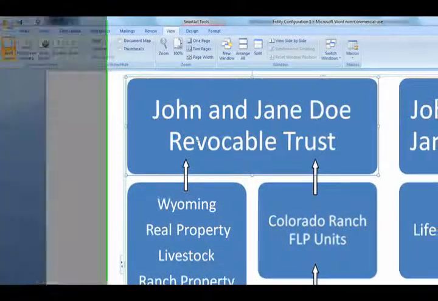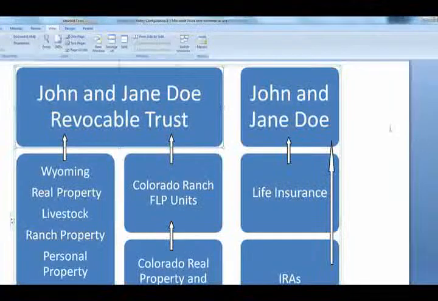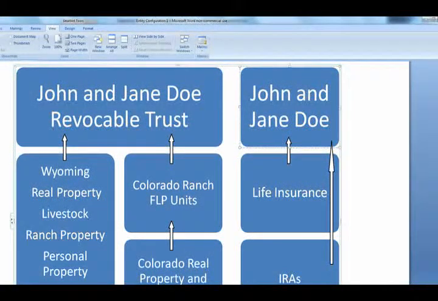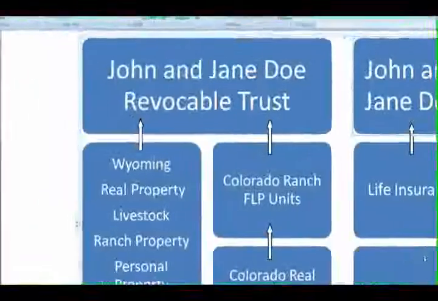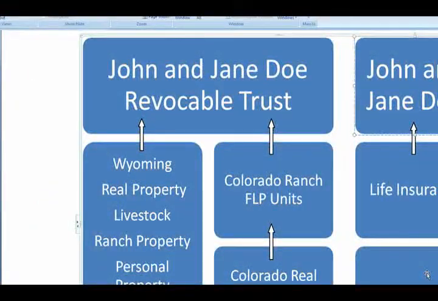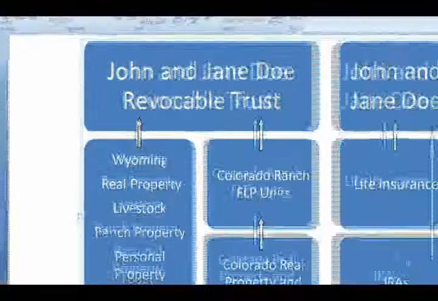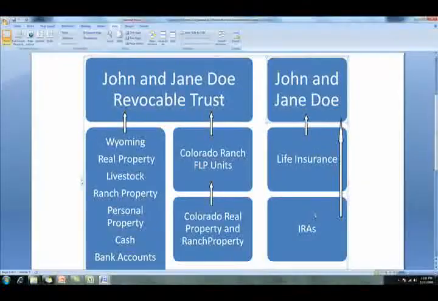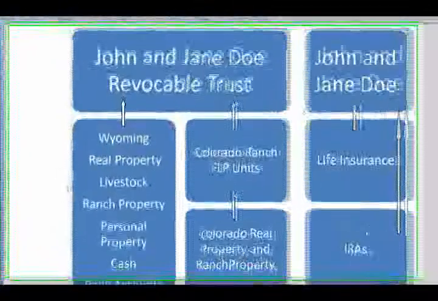You can see outside of their estate here, John and Jane Doe themselves are going to own the life insurance and the IRAs. And for sure we want them to own the IRAs, and we want those IRAs to go out to the kids. But we still have to do some calculations there, because if we can get those boys to stretch the IRAs, we can really increase the amount of work that those IRAs will do for this family.